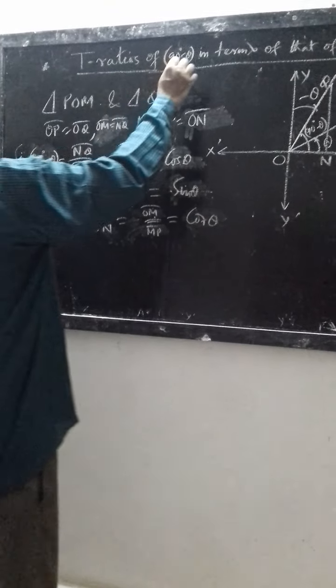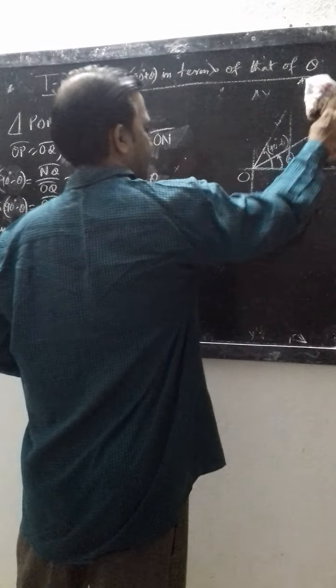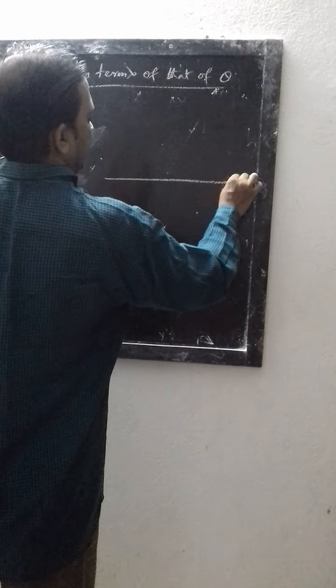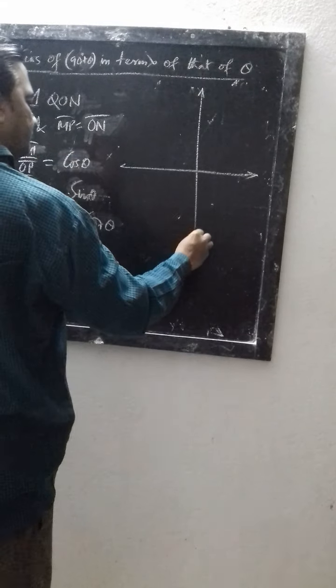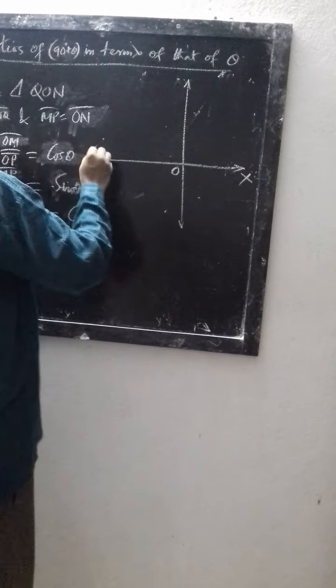Now trigonometric ratios of 90 degree plus theta in terms of theta. Let us draw the figure. X-axis and y-axis, O is the origin.